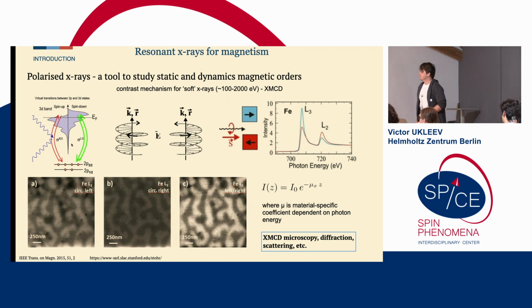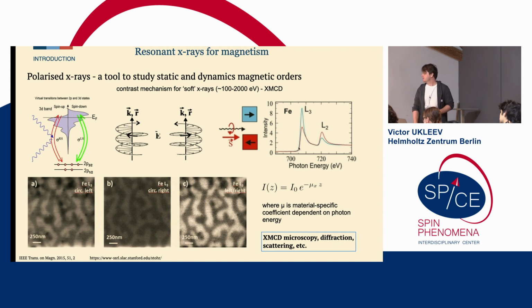And the absorption coefficient and refraction coefficient would depend on the spin moment parallel or anti-parallel to the circular polarization plane. So that creates unbalanced absorption and fluorescence in the X-ray spectrum.